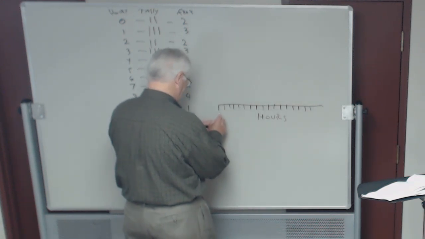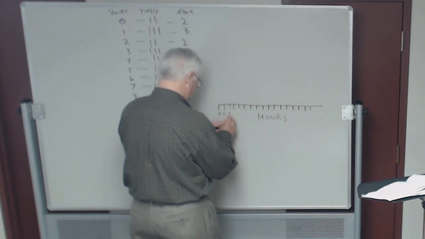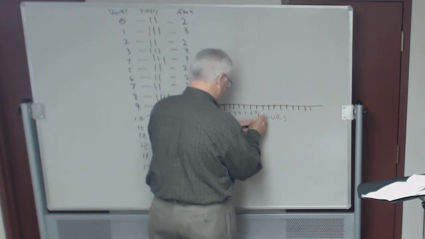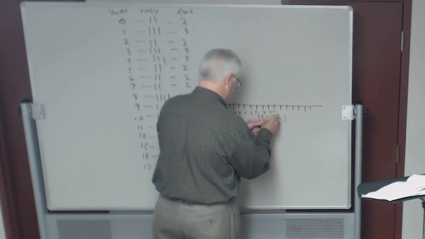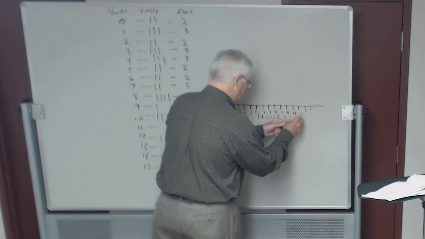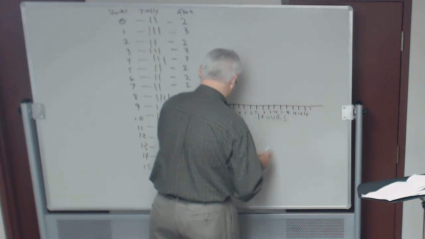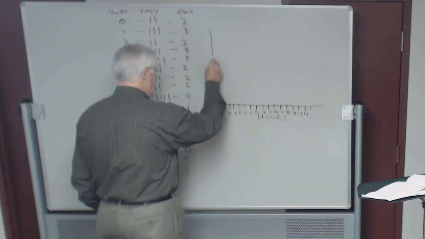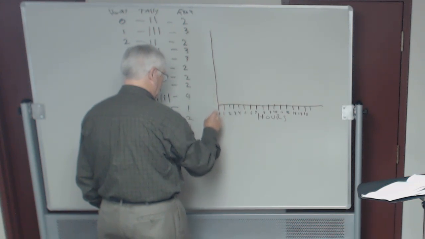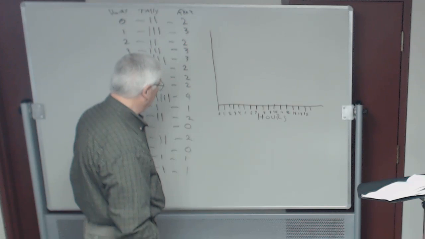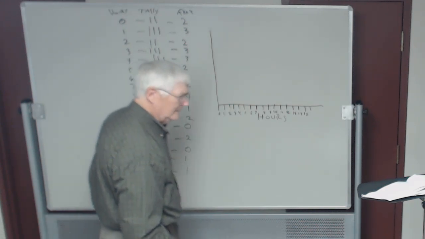What would this be? 0, 1, 2, 3, 4, 5, 6, 7, 8, 9, 10, 11, 12, 13, 14, 15. Okay? Then we go up the side.